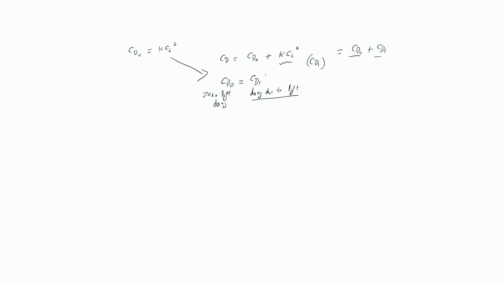All right. So now CD naught equals to, what is CDi? CDi is k CL square. So now you can find what is CL over here. CL is square root of CD naught upon k. So once you have CL, we can easily find velocity corresponding to this CL.